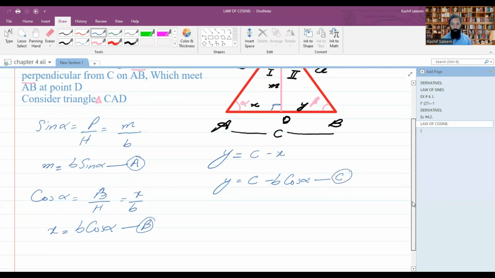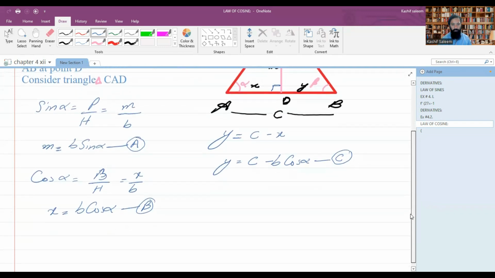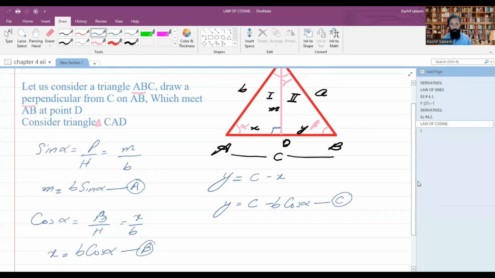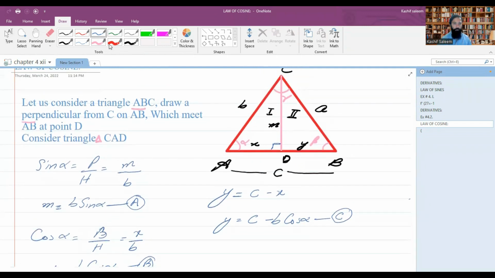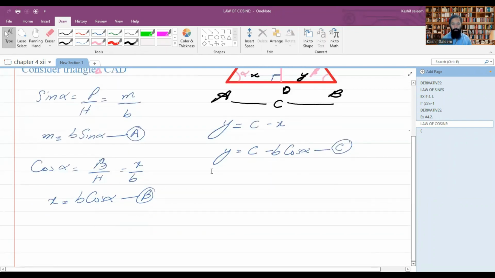Again we are going to consider the second triangle, which is a right angle triangle, triangle CBD. So we can apply the Pythagorean theorem here.